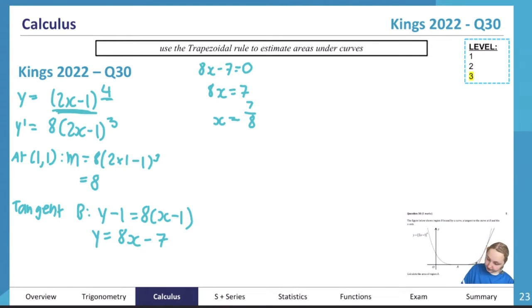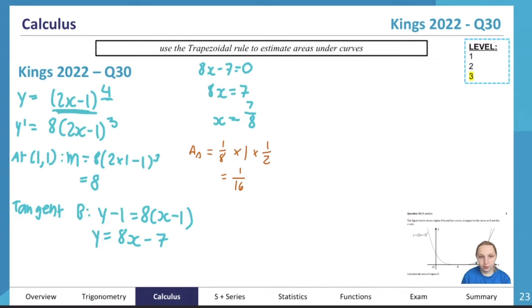Our base is 7 on 8, so we end up with half times 1 on 8 times 1, which gives 1 on 16 as the area of the triangle. I probably should have written that down. So from there, we need to find what is actually going to be that area R.